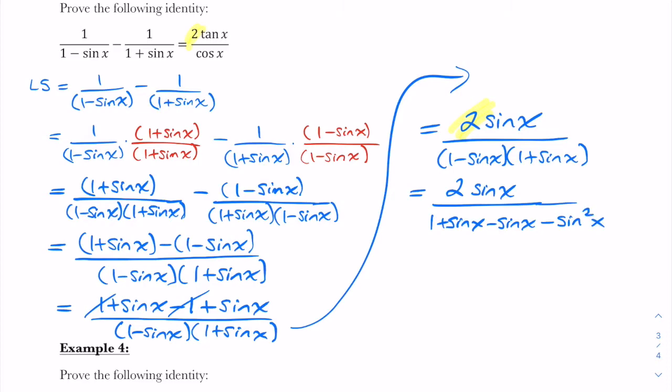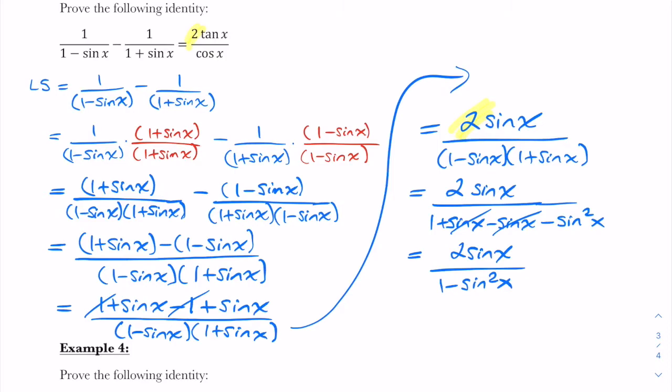Remember, that's the way of conveniently writing sine x all squared. You can go ahead and collect like terms, so the sine x's cancel, leaving us with 2 sine x over 1 minus sine squared x.